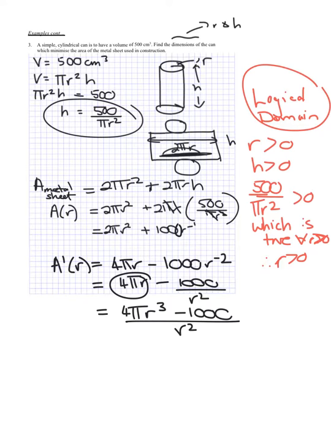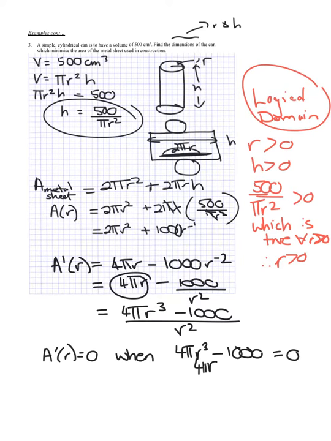Now A dash of r equals 0 when that top line equals 0. When 4 pi r cubed minus 1,000 equals 0, of course the bottom can't equal 0, so we're just interested in the top. So therefore 4 pi r cubed is going to equal 1,000, and r cubed will equal 1,000 divided by 4 pi.